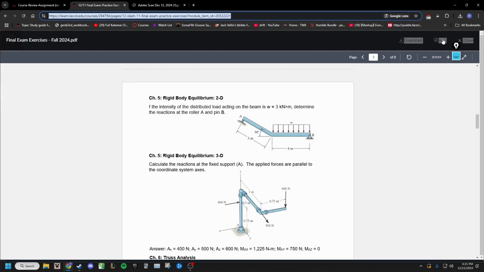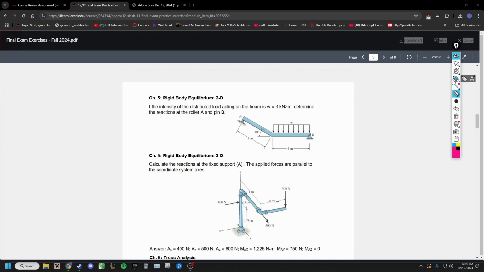Let's say this roller here is free to move. There's nothing stopping it from rolling this way or that way, but the normal force of the ground prevents it from moving down, so the reactive force is pointing up, like that. A pin can let you rotate so there's no reactive moment, but you can't move in either direction, so there's a reaction here and a reaction here. And then there's a Y reaction and an X reaction.